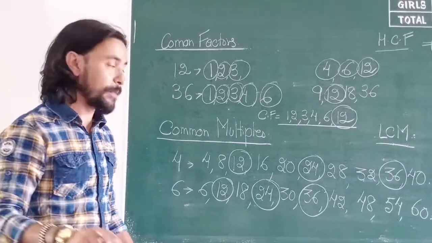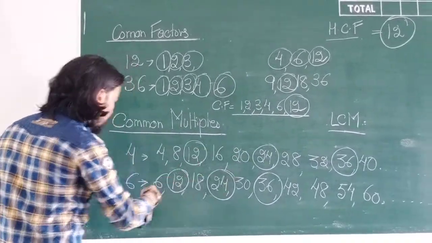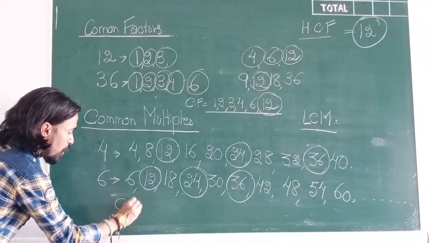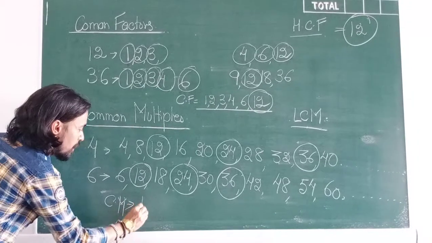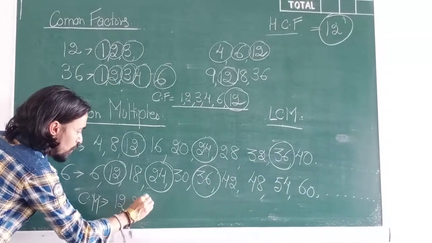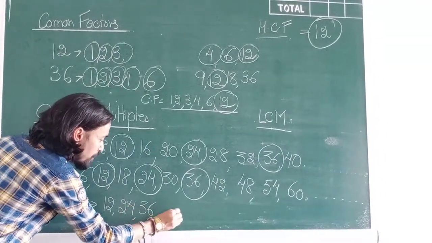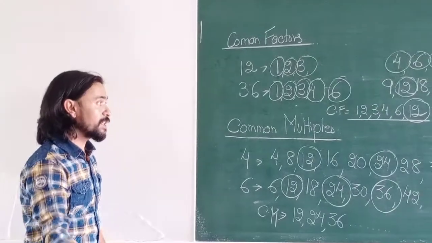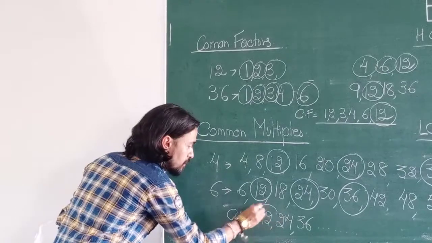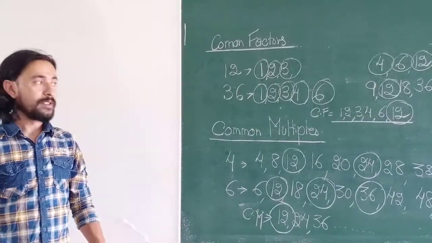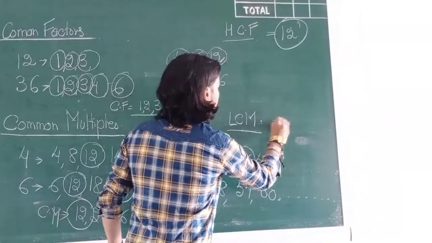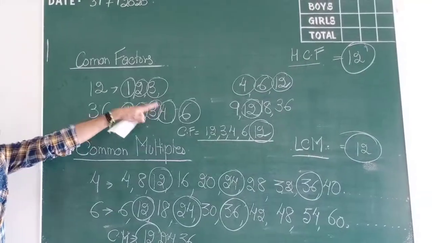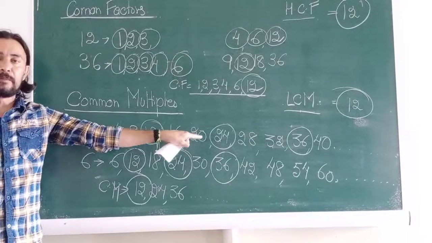But we have least common multiple. Now these are the common multiples of 4 and 6. So the common multiples, CM, are 12, 24, 36, and I put dots because there can be many more. But which one is the least, the smallest? It is 12. So here the LCM of these two numbers is 12. And that is why we teach you common factors. And that is why we teach you common multiples.